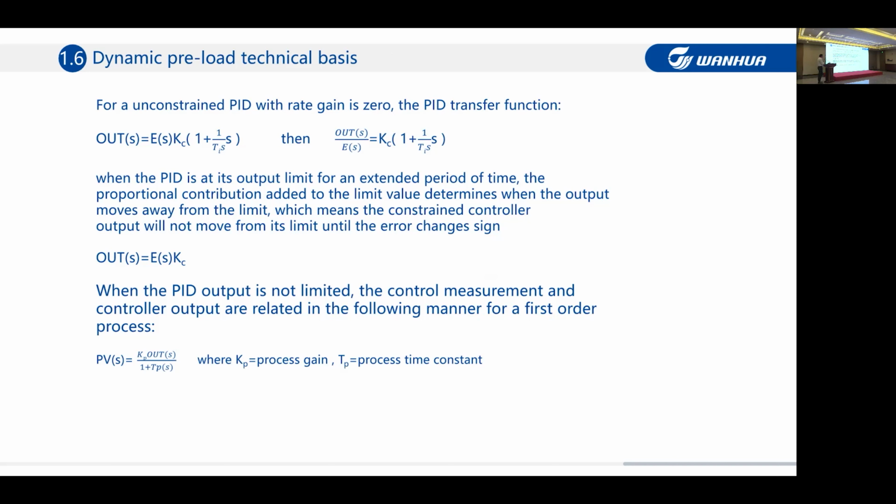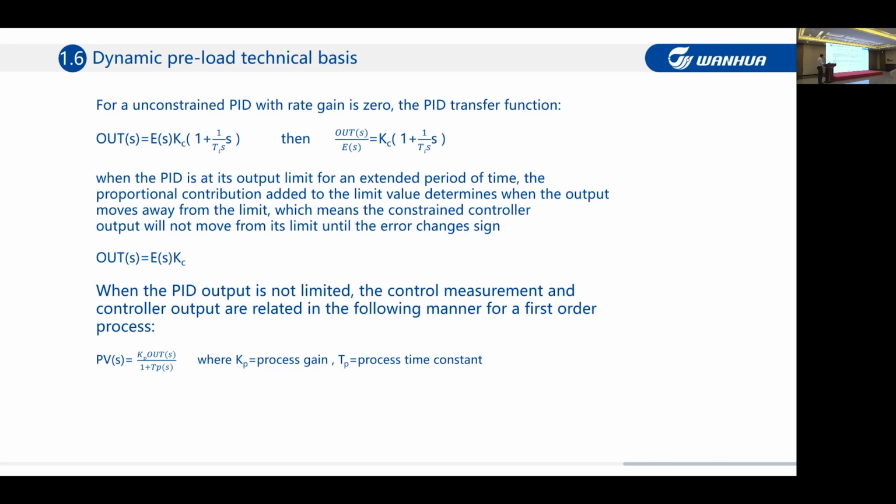So the PID transfer function is like this. The output equals the controller gain multiplied by the reset factor, and then the output divided by the error is like this. We move the error to here.